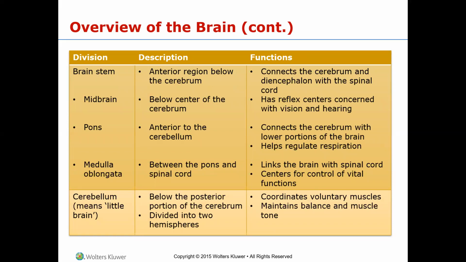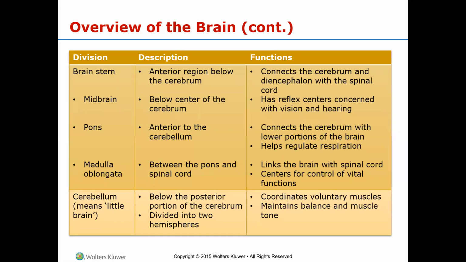Continuing on, when we look at the brainstem itself, it's subdivided into three parts: the midbrain at the top, the most superior, the pons, and the medulla oblongata. So the brainstem connects the cerebrum with the diencephalon and the spinal cord.